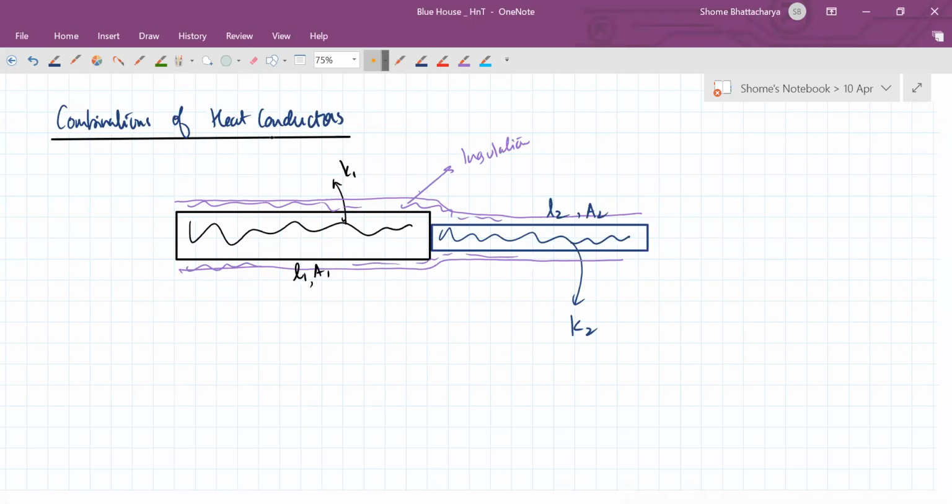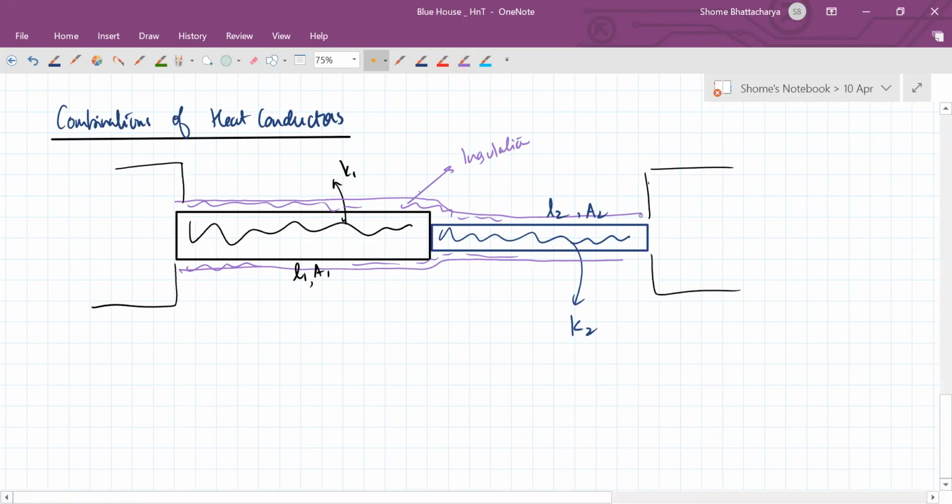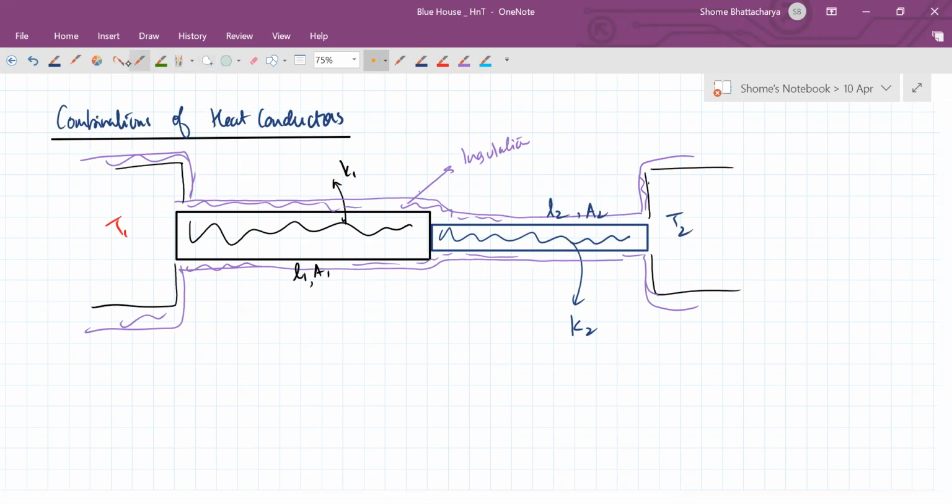So in this situation, if we created a temperature gradient, then there will be heat flow across the combination of conductors. This time we can just call the temperature at this end TA and the temperature at this end TB.